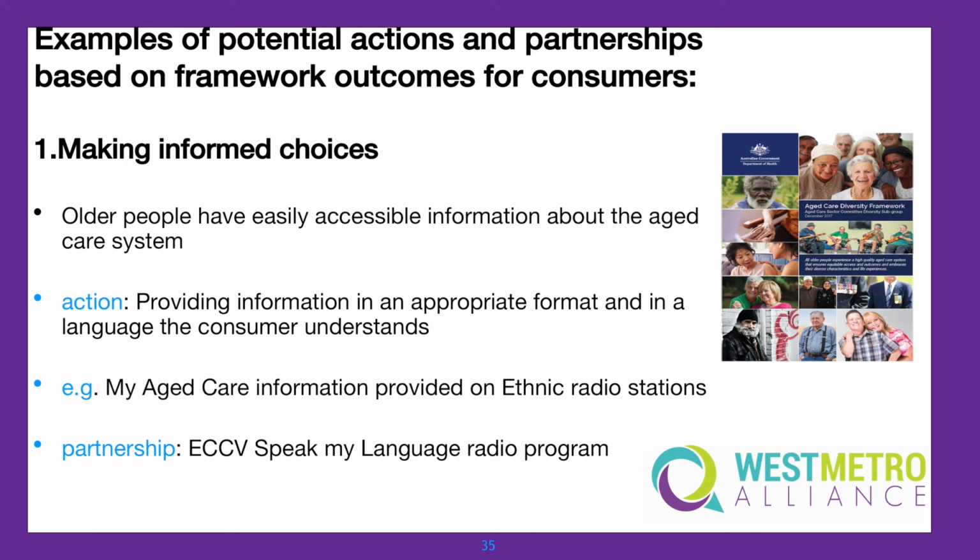So I just want you to know that in relation to measurables, the measurable areas that we'll be looking at will be how many partnerships have organisations formed, how many policies and procedures have been developed, or will be developed and put into place to improve inclusivity and improve service provision. In terms of continuity of service and connecting consumers into the sector, how are organisations and agencies doing that?